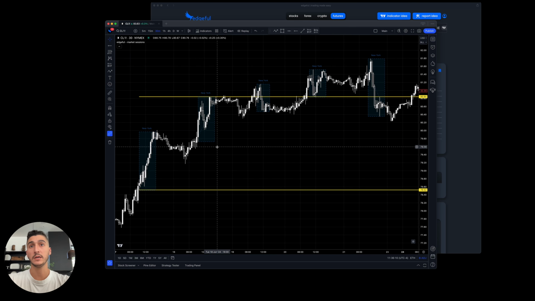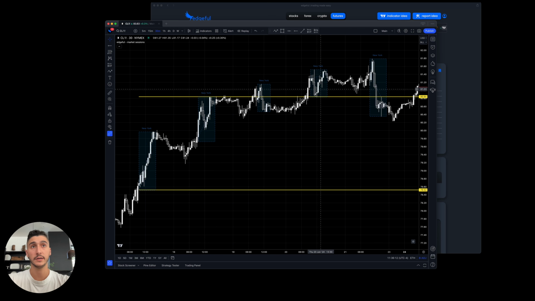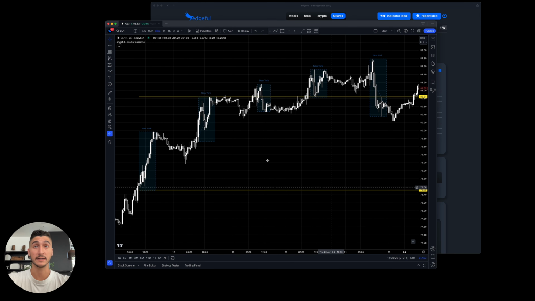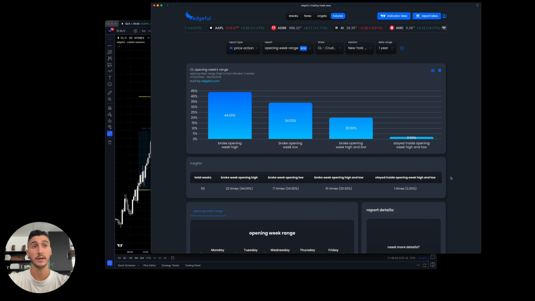You can see that price clearly broke only the high. So in this case, that would fall into this category. Then it didn't break the low, so the chances of it breaking the low are obviously lower. In this case, it didn't retrace back down, so it would not fall in this category.